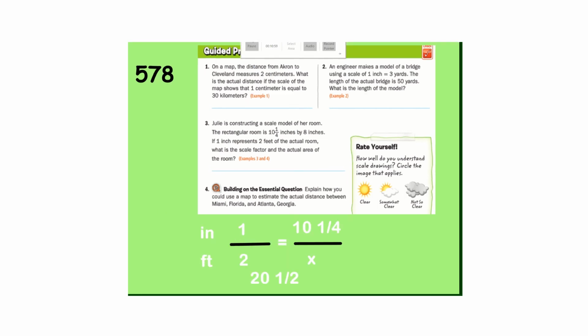Set up your proportion for the 10 1/4, the rectangular room. So we have 1 inch is 2 feet, just like it tells us in the problem right here. And then the question is asking 10 1/4 inches. So 10 1/4 inches is how many feet? 20 1/2. So that is just one of the dimensions.